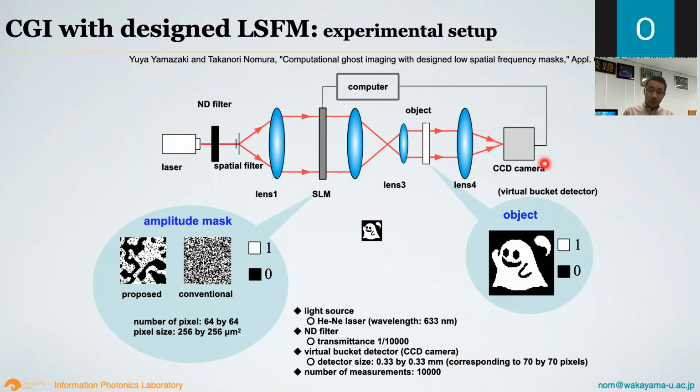We didn't use a bucket detector, so we used the CCD camera as a virtual bucket detector. The detector size is 0.33 by 0.33 millimeters, corresponding to 70 by 70 pixels of the CCD camera. And the number of measurements is 10,000.